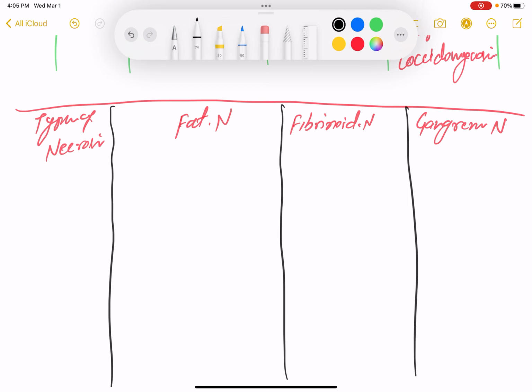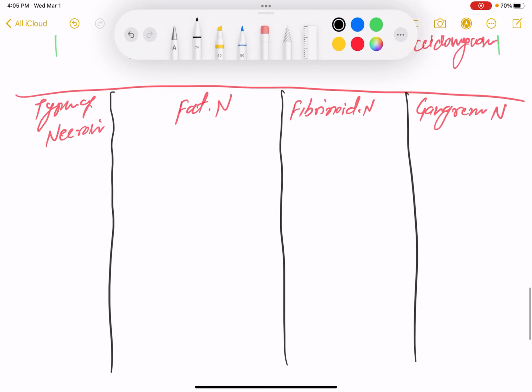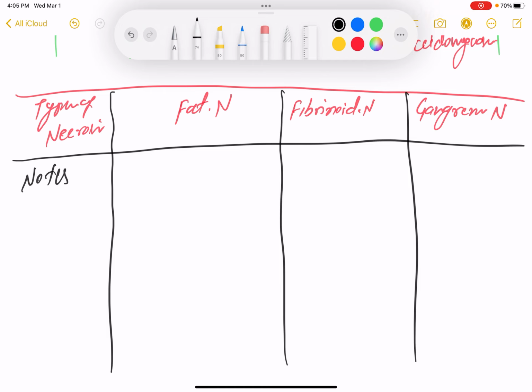Here are the notes. Fat necrosis is basically due to enzymatic or traumatic causes.